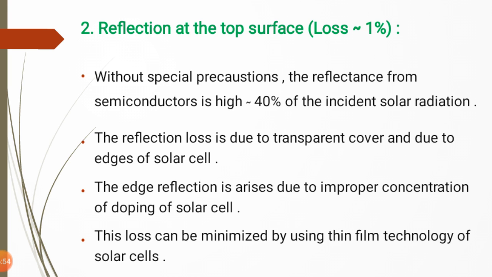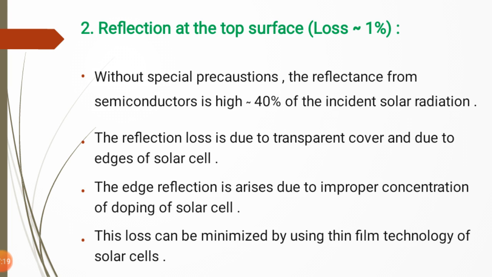That means the reflection losses from the edge of the solar cell can be minimized with the help of different techniques, and this occurs due to improper concentration of doping of the solar cell. That means the material which is used in the solar cell, which is the semiconductor material, is formed with the help of doping.